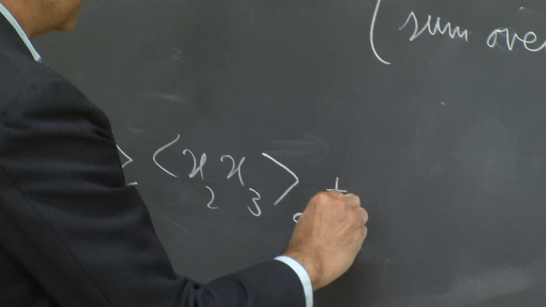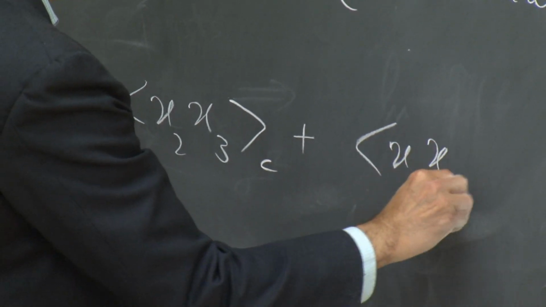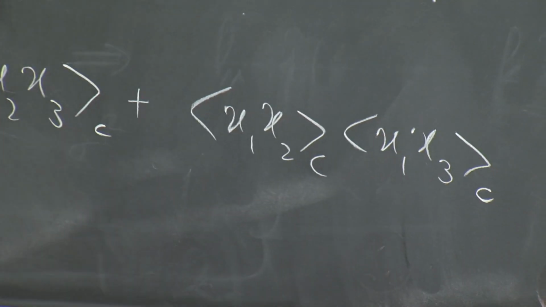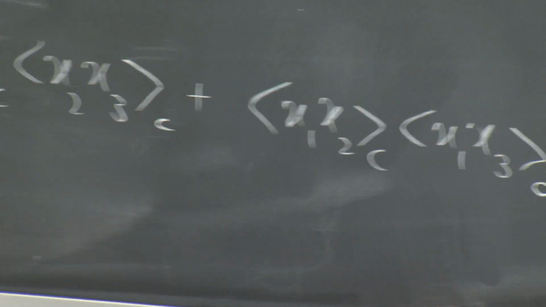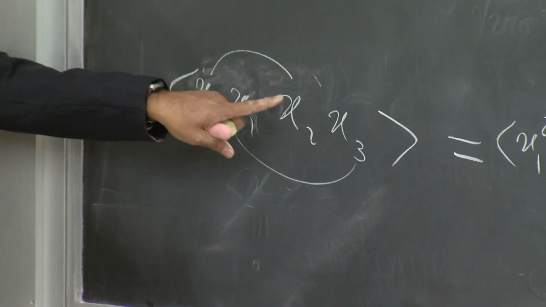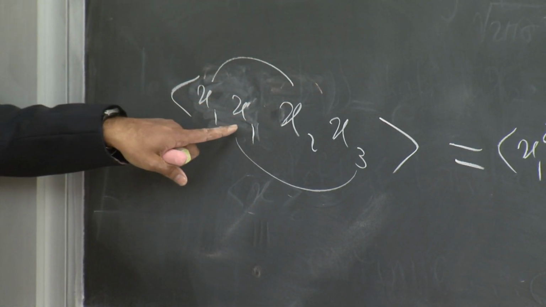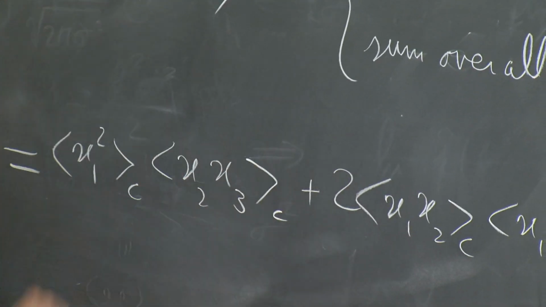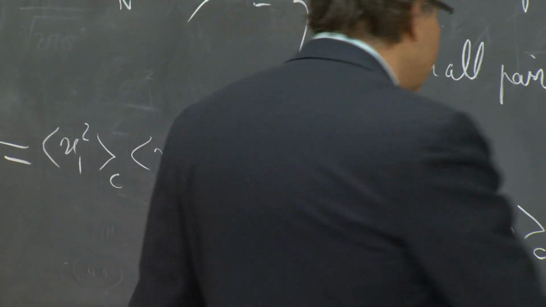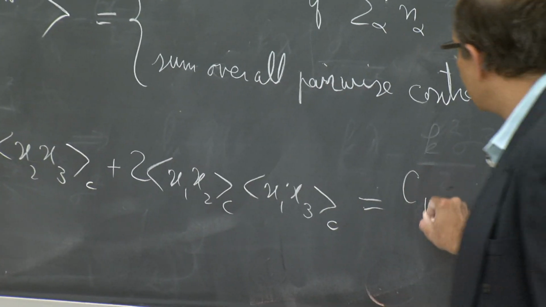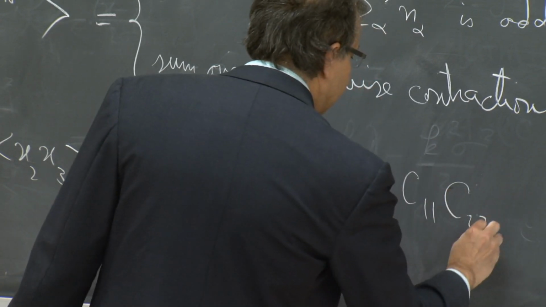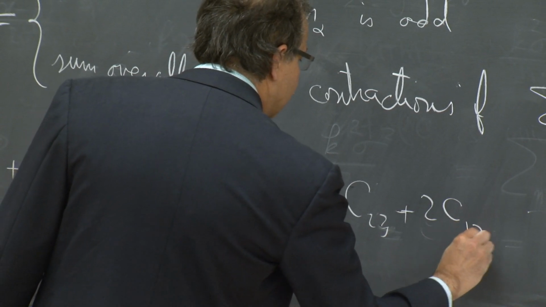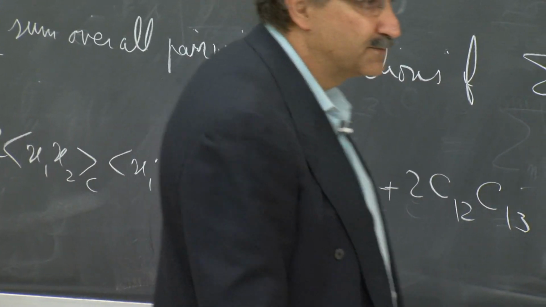So I would have gotten x1 with x2 covariance, x1 with x3 covariance. But I could have connected the first x1 to x2, or the second x1 to x2. So this comes in two variants. And so the answer here would be C11 C23 plus 2 C12 C13.